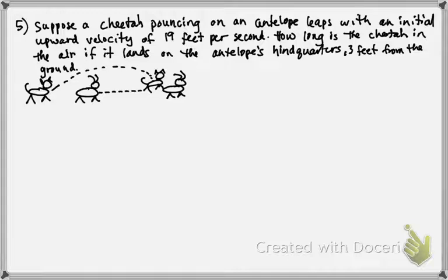Okay, so a couple pieces of information. And I should draw on the ground. That'll make it a little easier. So the distance the hindquarters is from the ground is the 3 feet. Okay, so from there to there.